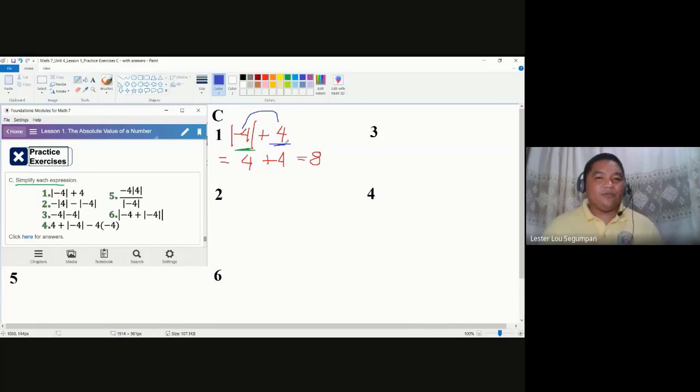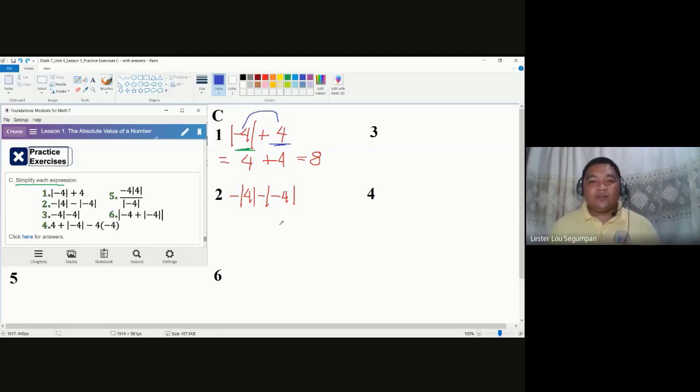Let's look at number two. Number two, the negative of the absolute value of 4 minus the absolute value of negative 4. So you have two different absolute value notations now. But again, the double negative property will not be used or cannot be used because it's under the absolute value expression.